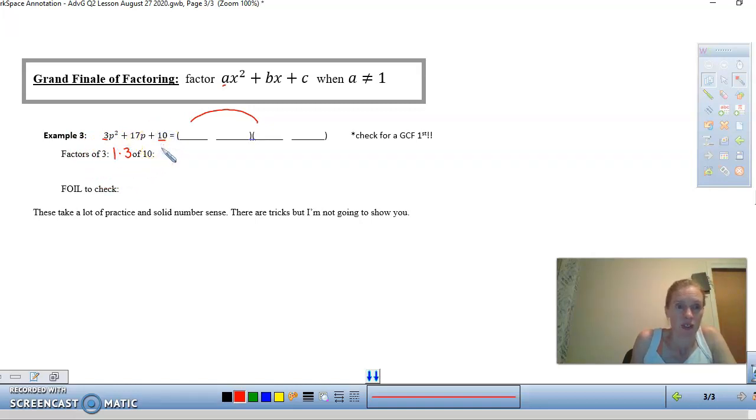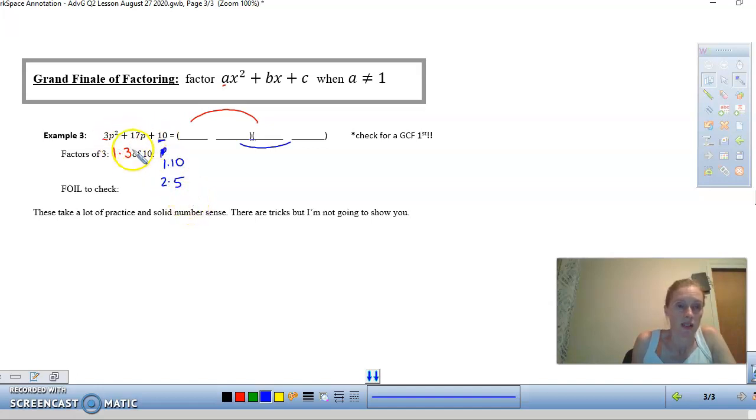And then for 10, this times this still has to be 10. So those two last guys are still 10. That's going to be 1 times 10 or 2 times 5.